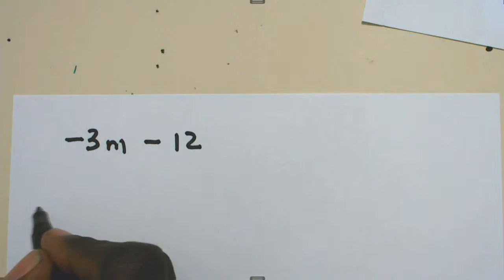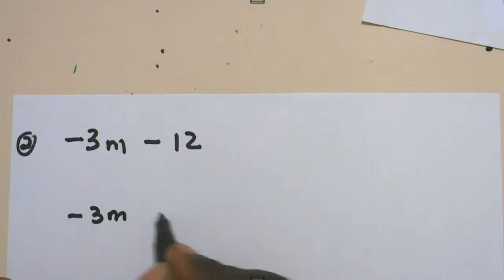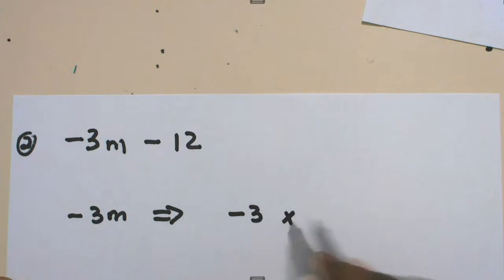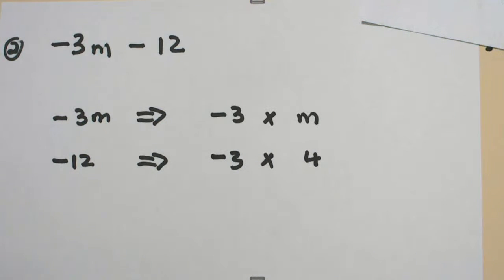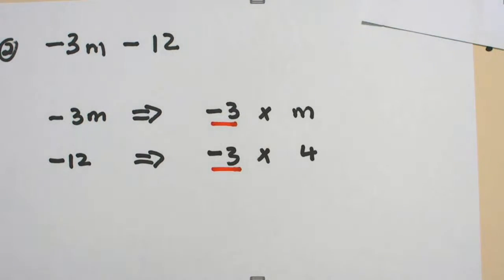The factors of minus 3m are minus 3 multiplied by m, and the factors of minus 12 are minus 3 multiplied by 4. If you look at the factors, you'll find that negative 3 is common.